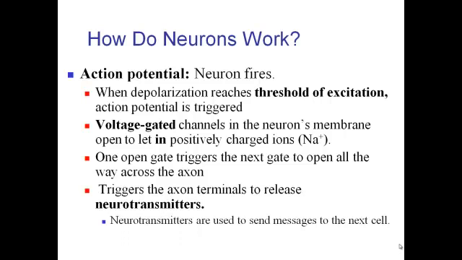Once that action potential occurs, it triggers those terminal branches, those terminal buttons at the end of the axon, to start releasing neurotransmitters. And this is where the neuron is now sending a message to the next cell. And we'll talk about that in a little bit.